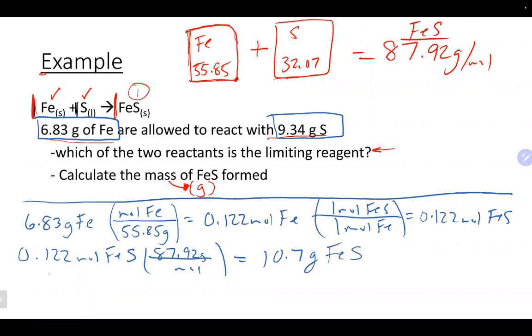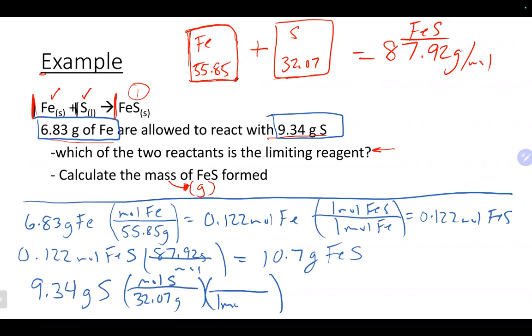Now you could do it all in one step without getting an answer in between. So we'll do that for the other guy, 9.34 grams of sulfur, converting to moles, 32.07 grams per mole of sulfur, doing our mole to mole relationship, 1 mole of sulfur, 1 mole of our product, and our molar mass of 87.92 grams per mole of FeS.